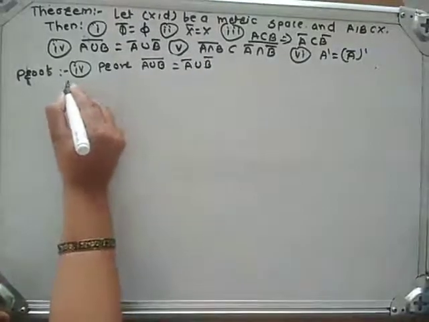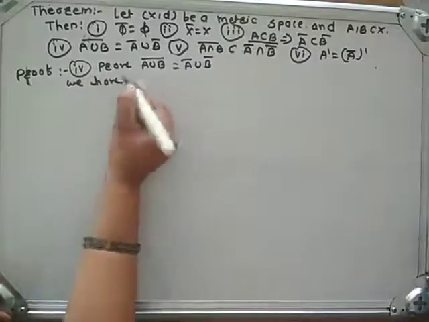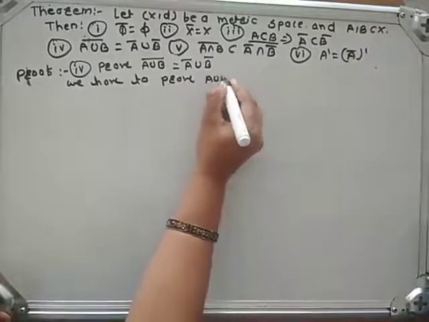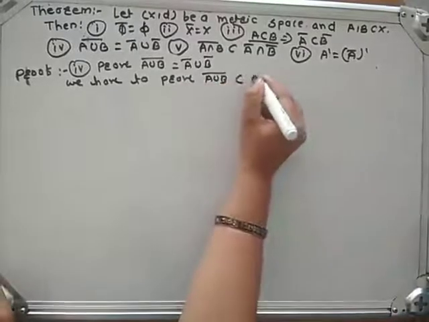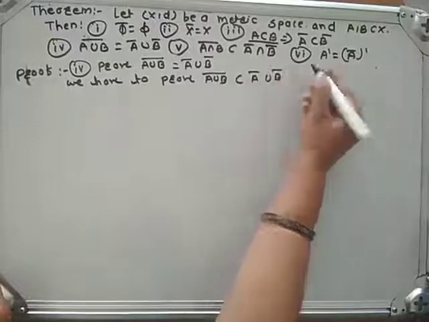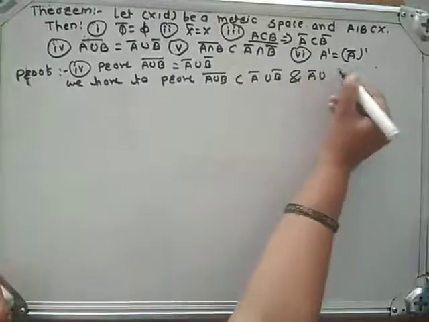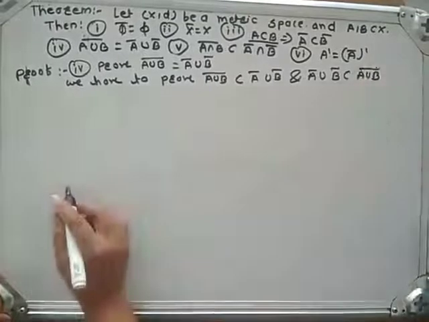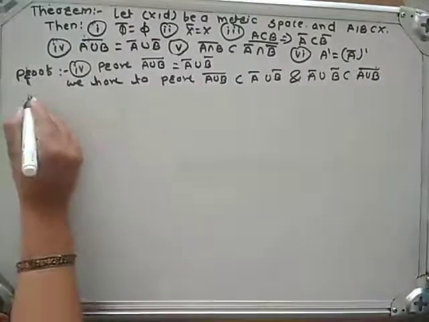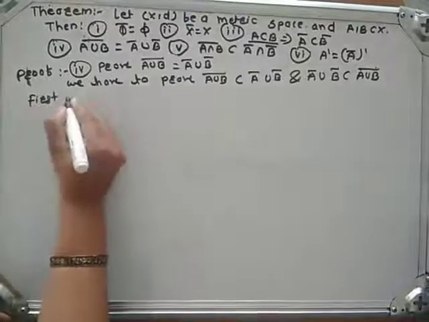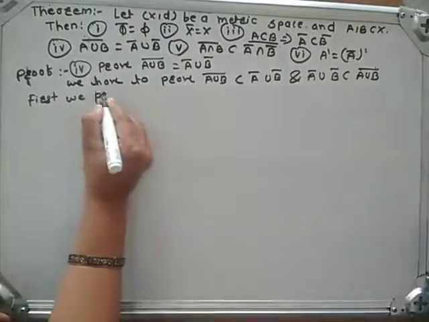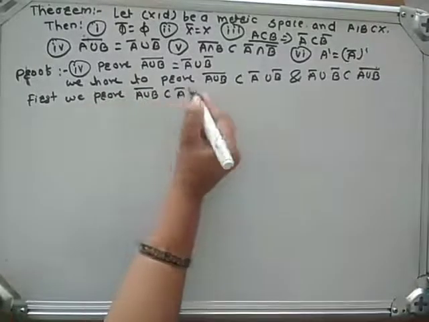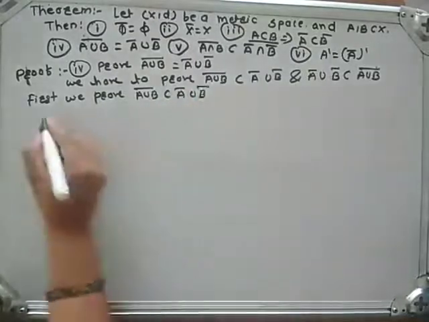For that, we have to prove closure of A union B is a subset of A closure union B closure, and A closure union B closure is a subset of closure of A union B. Now first we prove closure of A union B is a subset of A closure union B closure.